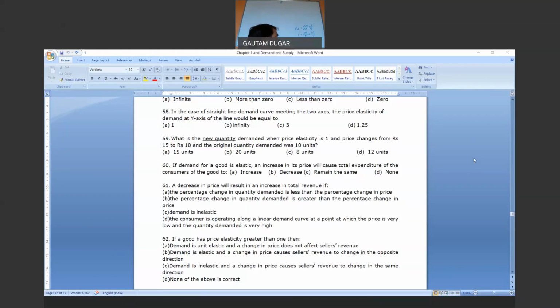We need to find out first of all the change in quantity. So obviously... some error in the options. I'll skip this one. There's some error in the options.